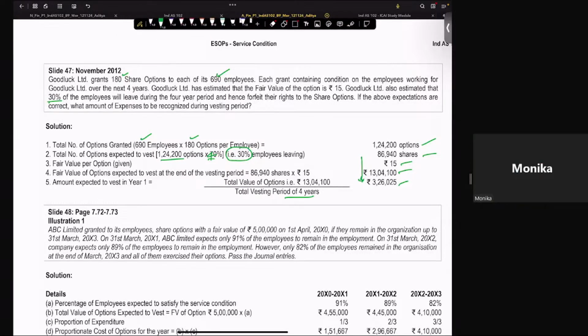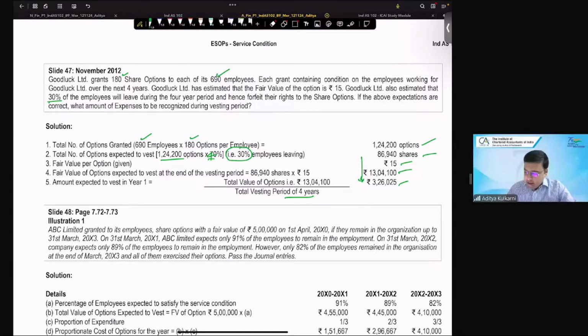And therefore, that's why we always say that when you're doing your Ind AS, the major challenge with Ind AS is that it's realistic, which is good, but it requires management to make estimates at every point of time, and it also requires auditors to audit those accounting estimates.